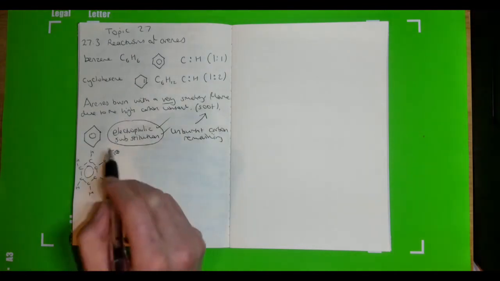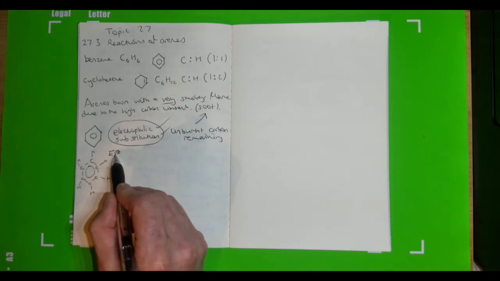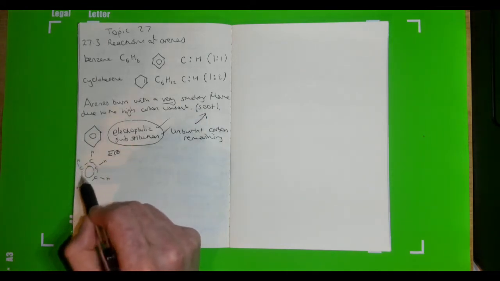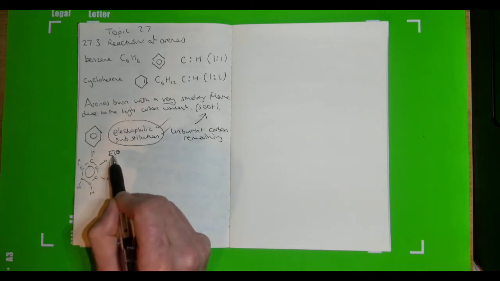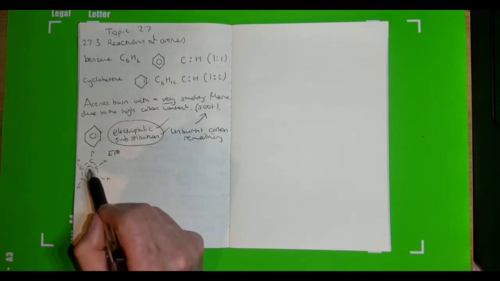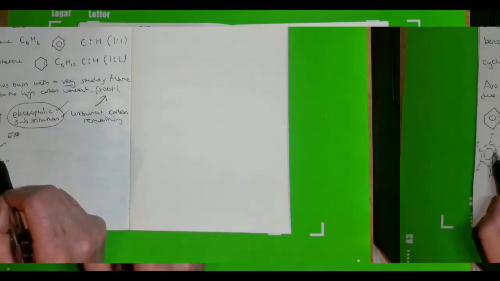Now the word electrophile means electron seeking. The electron density in this case is in the benzene ring, so the electrophile seeks out the electron density in the benzene ring. Remember, when we draw curly arrows, the curly arrow always comes from the area of electron density, just like it does when an alkene reacts with bromine, for example.